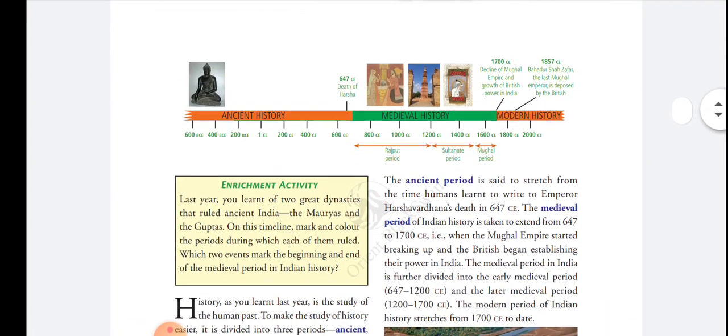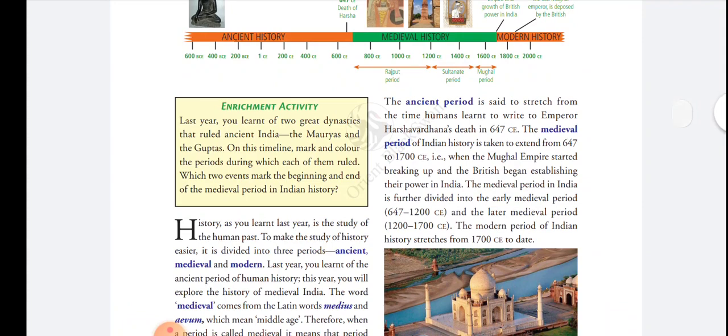All history is divided into three periods: ancient history, medieval history, and modern history. Ancient history is taken from the time when humans learned to write to Emperor Harshvardhan.